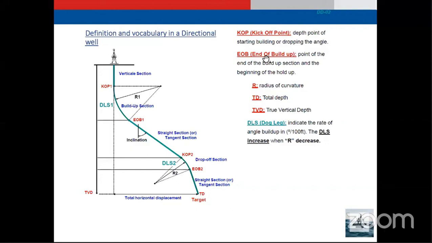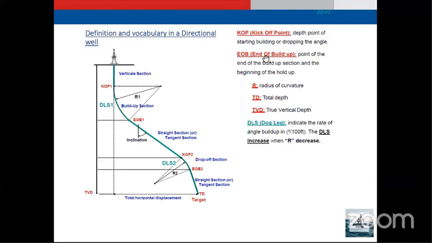But the casing can be set in the inclined section because we make the hole smooth. As I mentioned, the dogleg severity is the change in inclination and azimuth per 100 feet. We keep it smooth for easily inserting the casing. So it is a good question. It may make it difficult, but not greatly difficult.